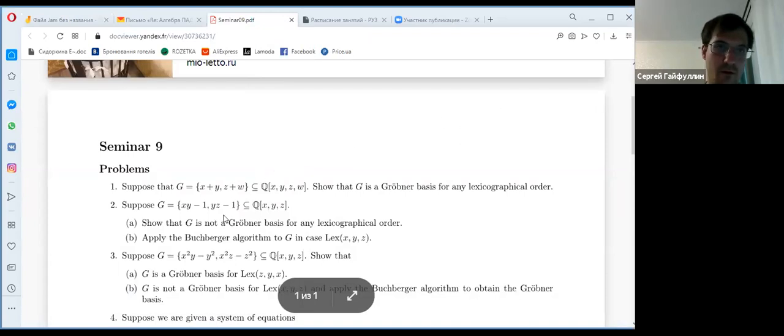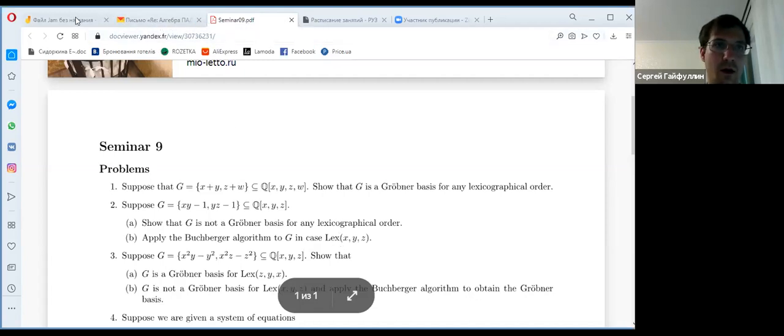We have this system, and we want to do two things. First of all, we want to say that G is a Gröbner basis for any lexicographical ordering, and, I'm sorry, we want to apply the Buchberger algorithm for standard lexicographical ordering.